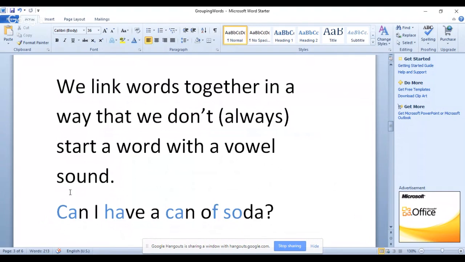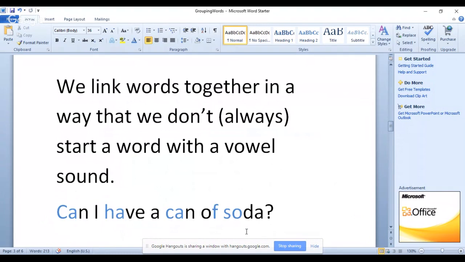More or less, what I have in blue is one syllable, and then the black is kind of the other one. So, can I have the can, can of a can of soda? Something like that.